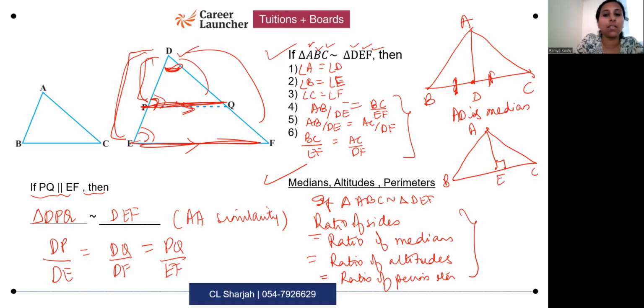What is AE? AE is altitude because AE is perpendicular to BC, making 90 degrees with BC. Whatever you used in the BPT theorem was altitude. You constructed a perpendicular. When it is bisecting the base, that's median.